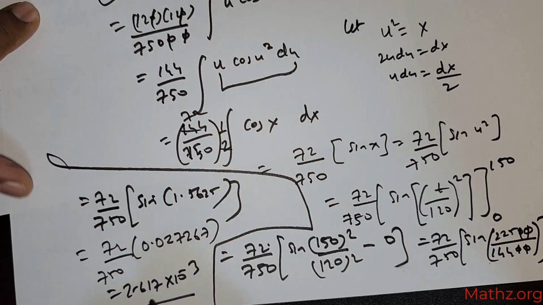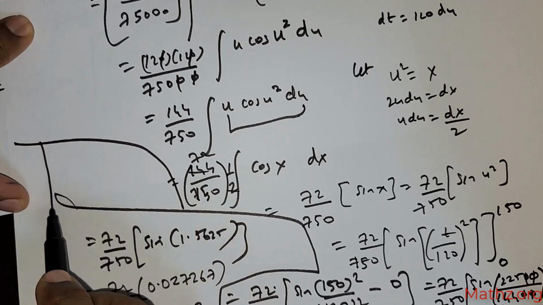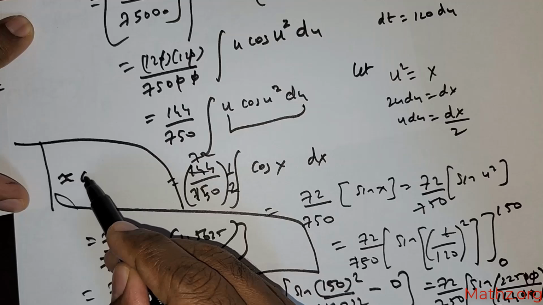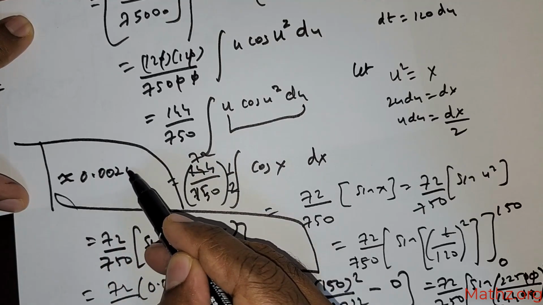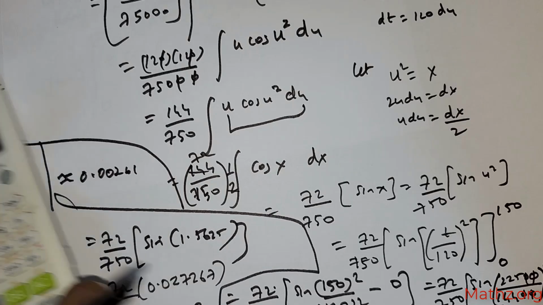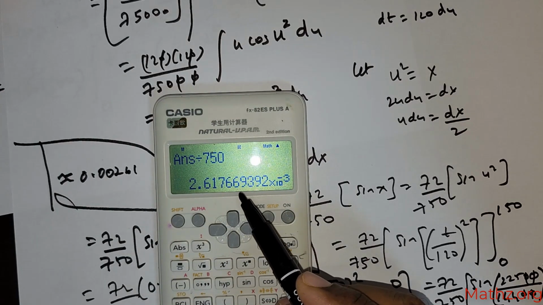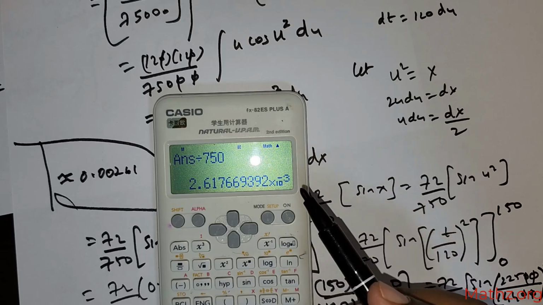Now this answer, you can rewrite this answer in this fashion. This is approximately 0.002617. Now actually if you were to see here, after 7 you got 666, I would say 669393, 92 and so on it goes.